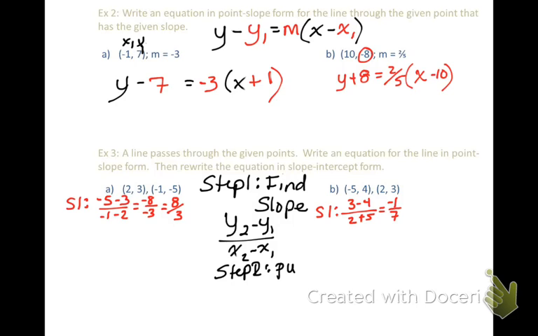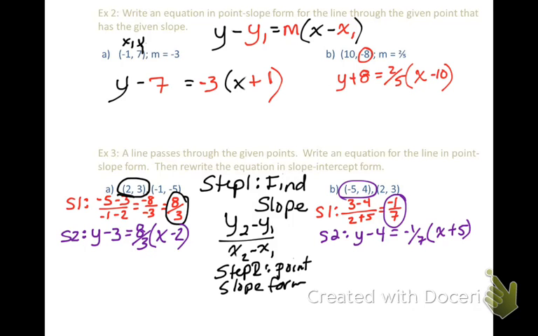Put into point-slope form. Okay, so I have my slope and I have my first points. Those are the numbers we're going to use.